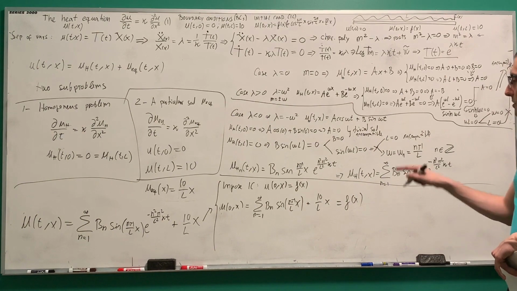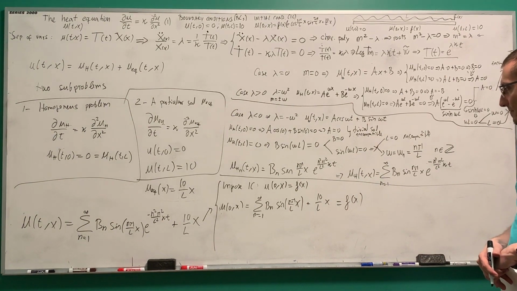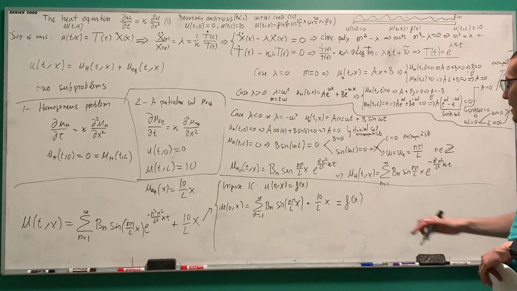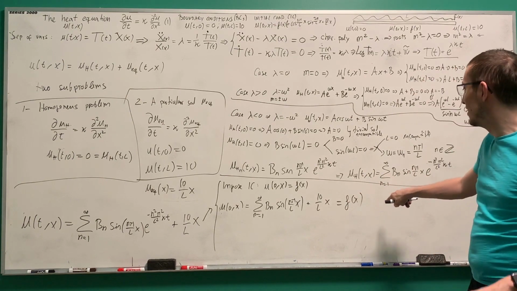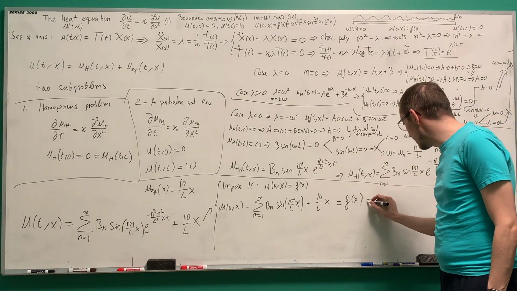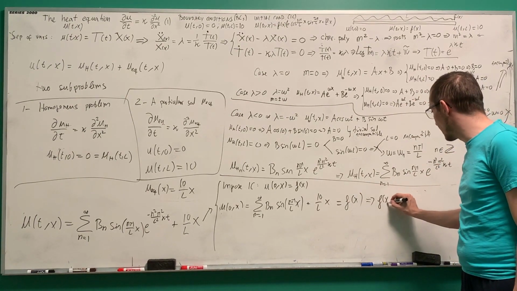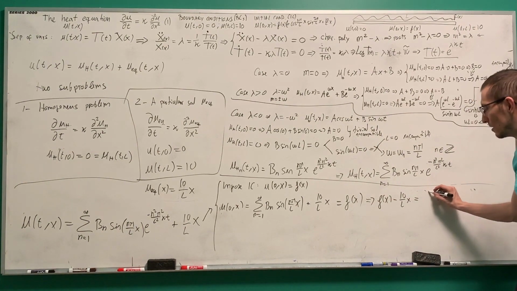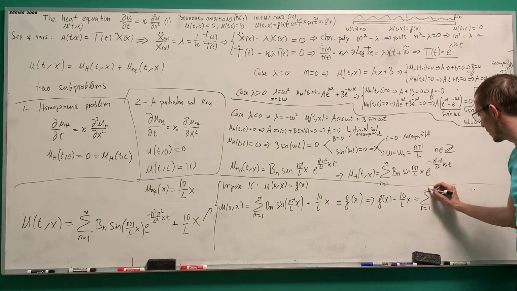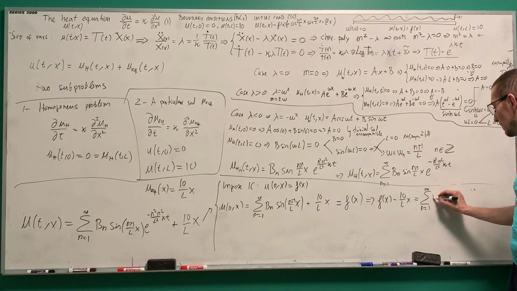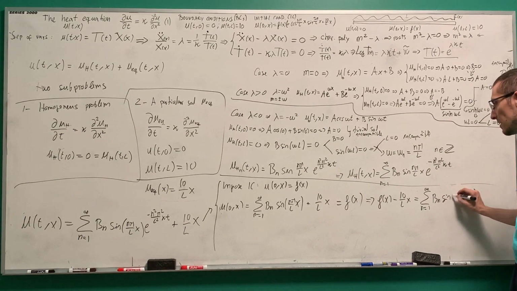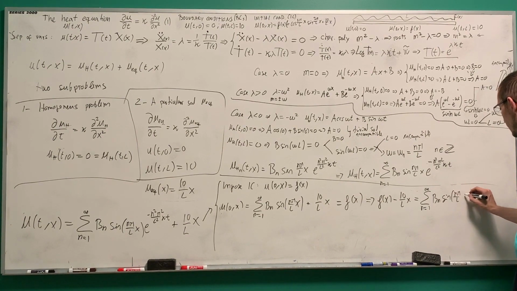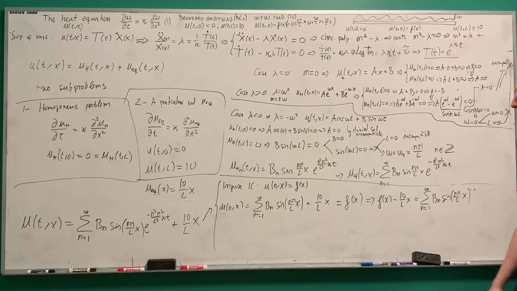So this is a Fourier series indeed, but I need to put this on the right hand side. So that means that f of x minus 10 over L x is equal to the sum n equals 1 to infinity Bn sine n pi over L x.